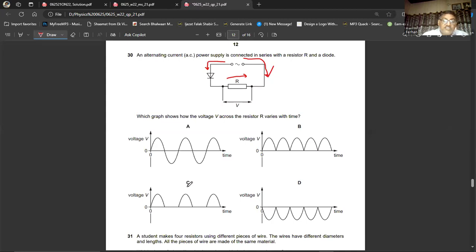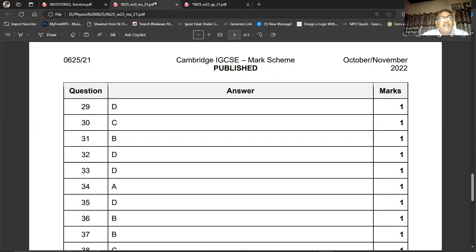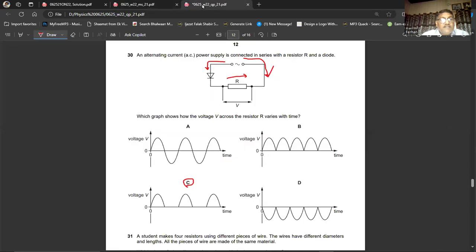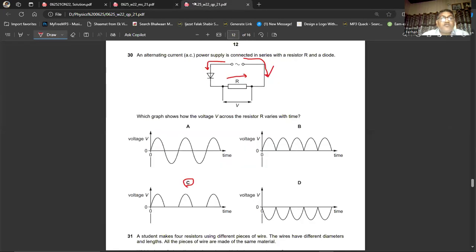So C is the best representation of the voltage in the R. So I hope you understand this. Let me check the option. C is the right option, sir.